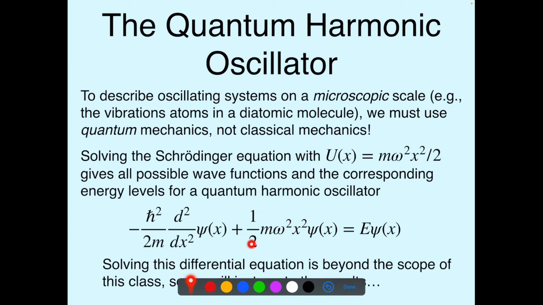That's our potential energy, and that's multiplying psi of x. That equals E, that's the total energy of our particle, times psi of x. Now, actually solving this differential equation is pretty difficult, and it's beyond the scope of this class, so what I'll do is just quote the results.